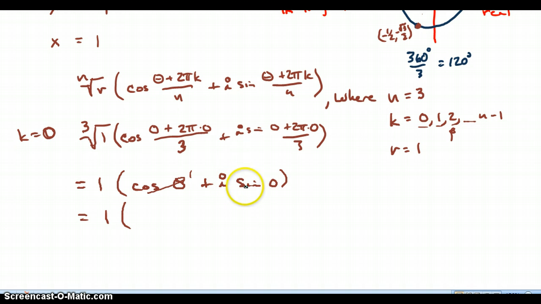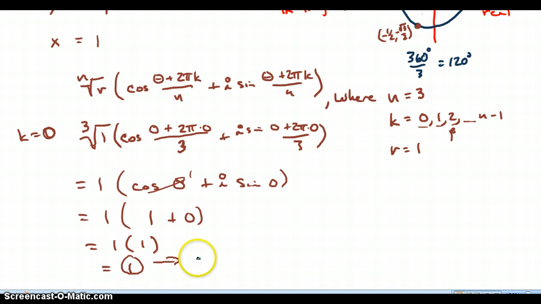And i times the sine of 0 is 0, so there's going to be 1 plus 0. The first root is that real root. I could have just put times 1. 1 times 1 is 1. That's the first root, that real root. That's the one we found already up here.